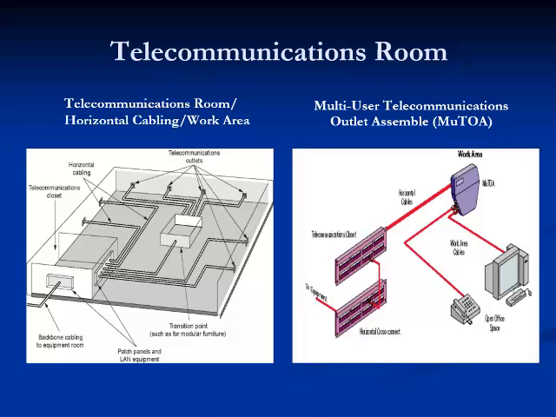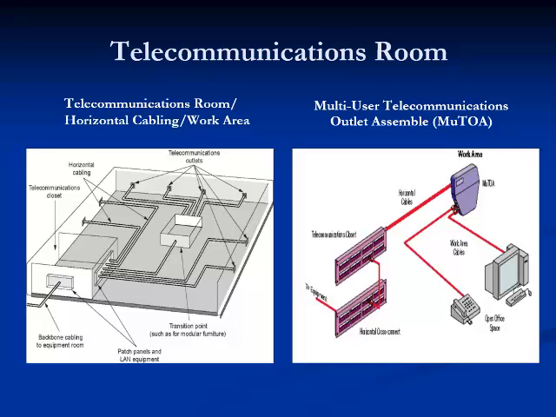These rooms are where the horizontal structured cabling originates and backbone cabling terminates. Horizontal cabling is terminated in patch panels or punch-down termination blocks and then uses horizontal pathways to reach the work areas. The standard allows for one transition point in horizontal cabling.